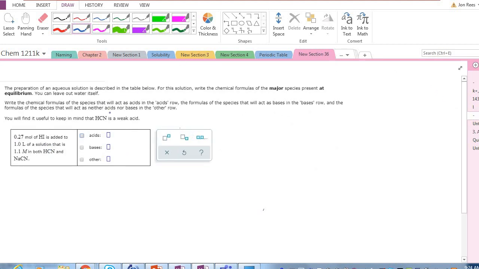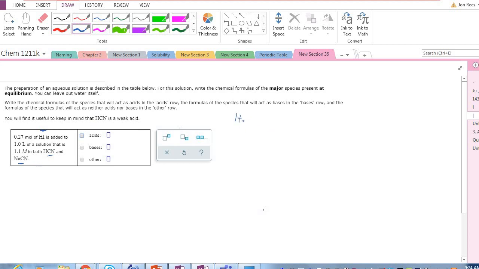All right, here's a little bit of a different solution. Okay, so I have some HI that's going to be in there, which is a very strong acid. I have some HCN, which is a weak acid, and I have some sodium cyanide, which is a soluble salt. Alright, so let's go ahead and write up here.